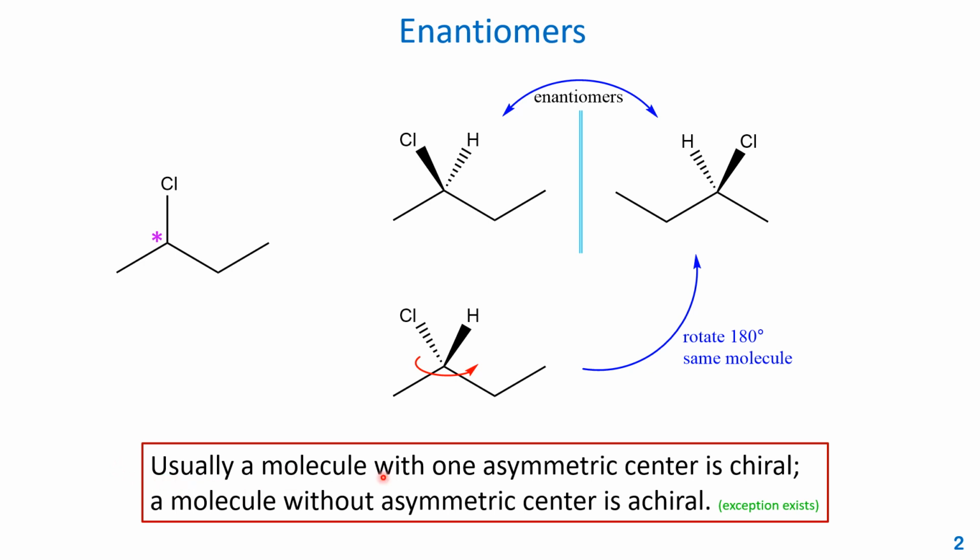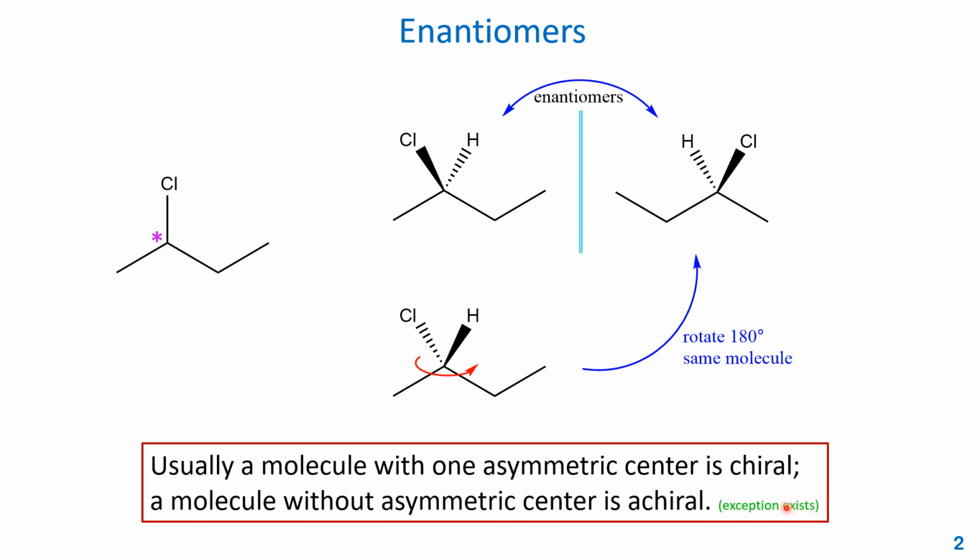Usually, a molecule with one asymmetric center, like this example, is chiral. A molecule without an asymmetric center is usually achiral. There are some exceptions. In some special cases, for example, if the structure is a spiro compound or has 2 planes, then some substitution or derivatives could be chiral.